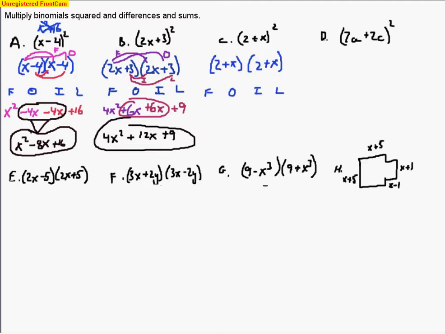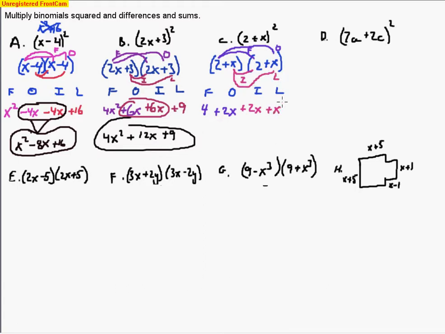So we'll start with our first terms. First terms there are 2 and 2, which make 4. And then we move on to the outside terms. Those are 2 and x that make 2x. And then we move on to the inside terms, and that's x and 2, so it makes a positive 2x. And then those last terms, the x and the x in this case, which make an x squared.